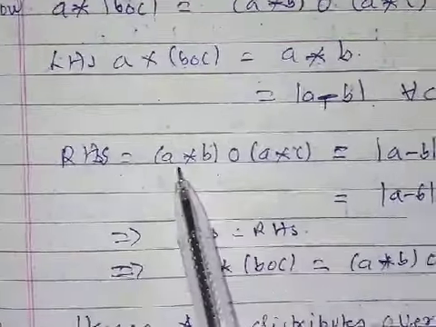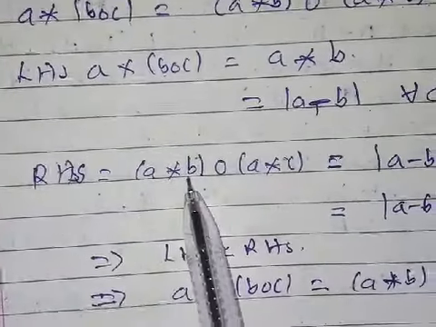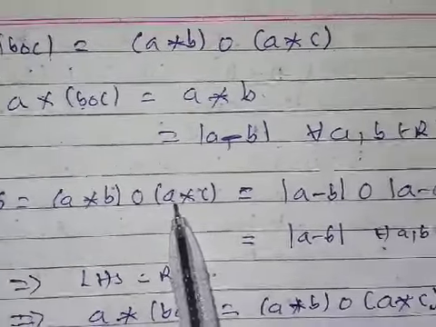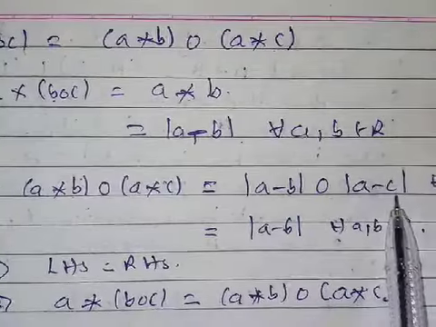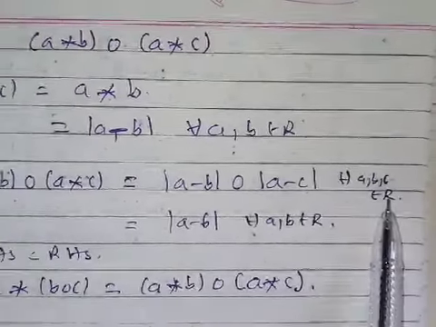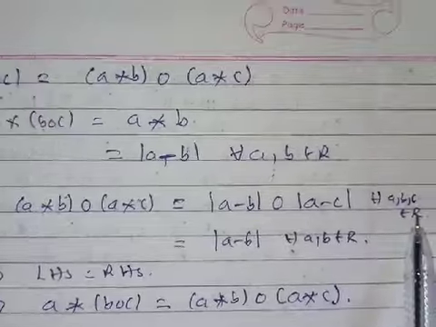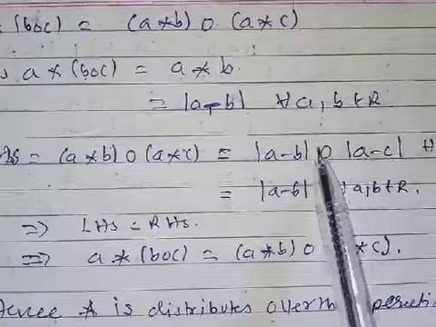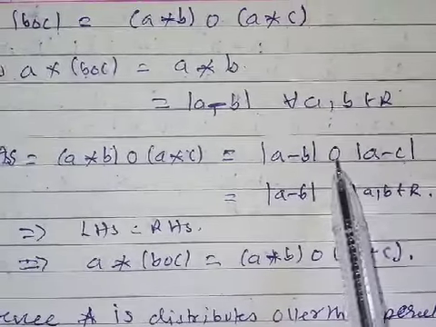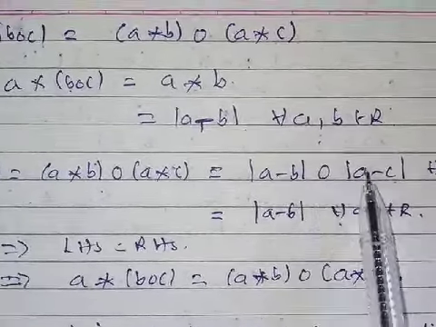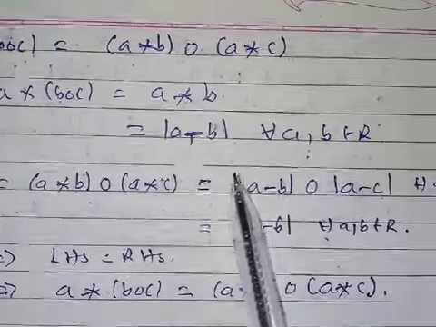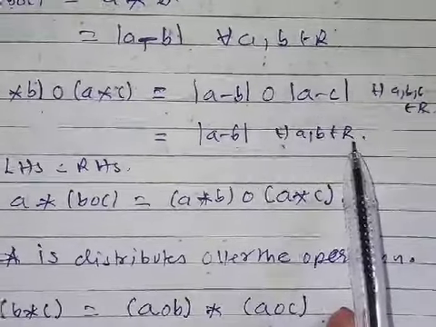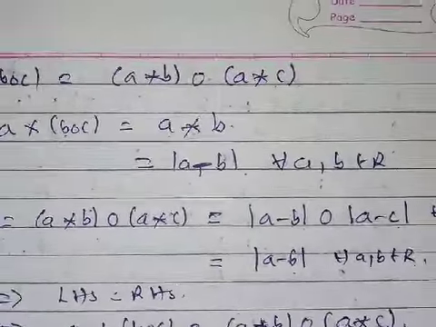Now the RHS is (A star B) O (A star C). A star B means |A minus B|, and A star C means |A minus C|, for every A, B, C belongs to R. Which operation is there? O. O suggests the first element is the answer. What is the first element? |A minus B|, for every A, B belongs to R. So LHS is equal to RHS.